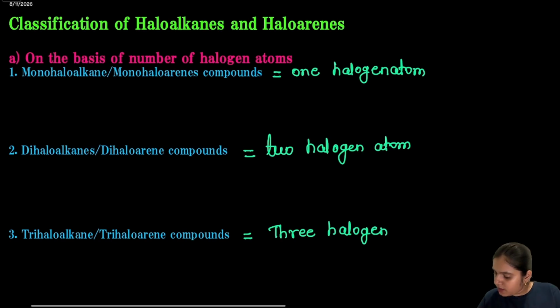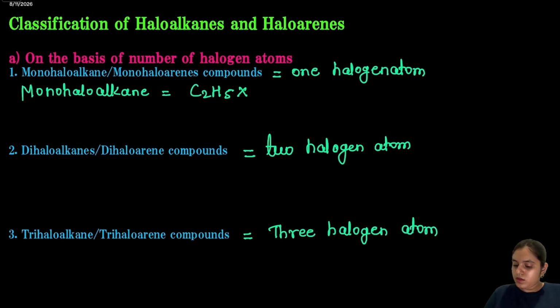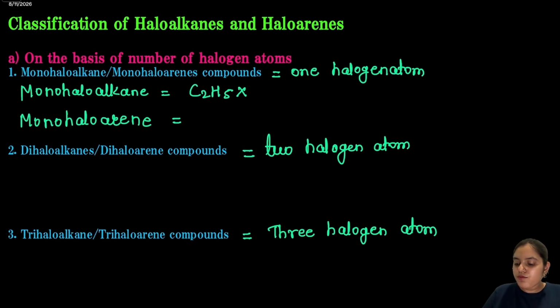Okay. So the example of monohaloalkane is C2H5X. And the example of monohaloarene is benzene ring, that is phenyl and X. Okay. So this is the example of monohaloalkane and monohaloarene.